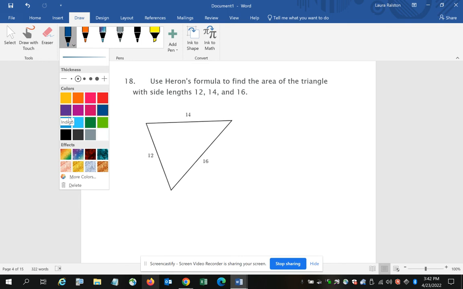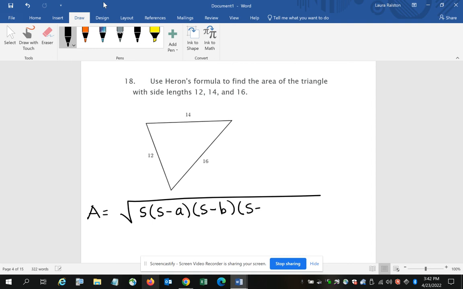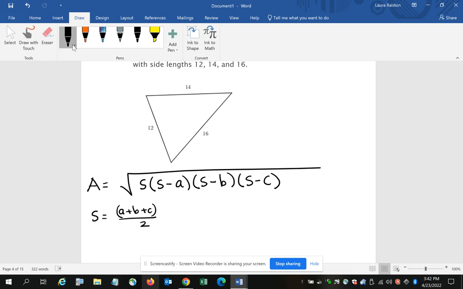And Heron's formula, again, is one of those formulas you're going to want to have nearby, is that the area of an oblique triangle is the square root of S times S minus A times S minus B times S minus C, and S is defined as A plus B plus C, all divided by 2. Now, since your angles are not labeled on this particular triangle, it really doesn't matter which one's A, B, and C. So we're going to say this is A, this is B, this is C.